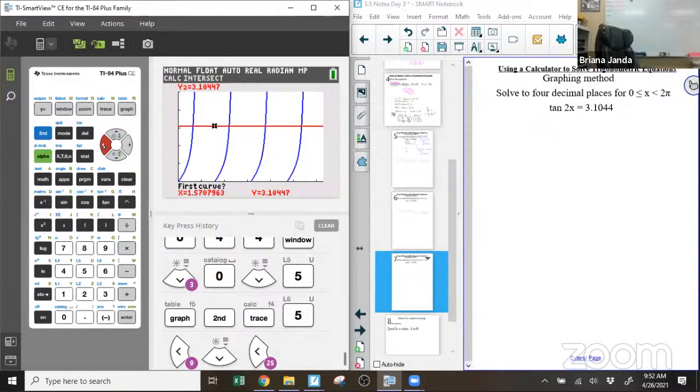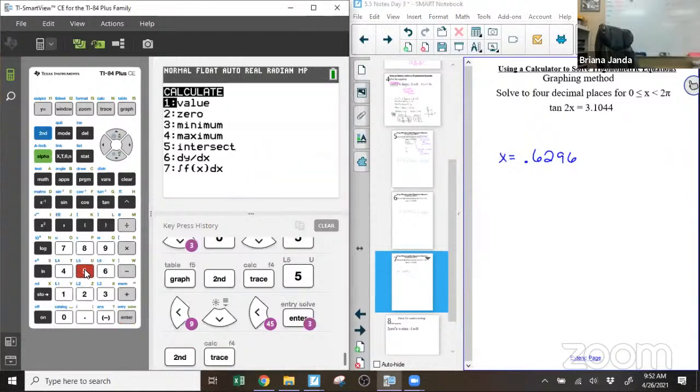I would move closer to one of the points of intersection. Once I get there, I just hit enter, enter, enter, and get my answers. One of them 0.6296.